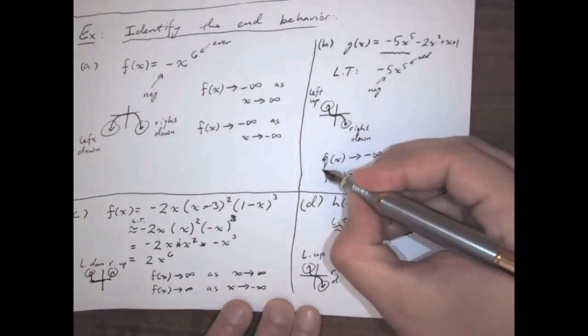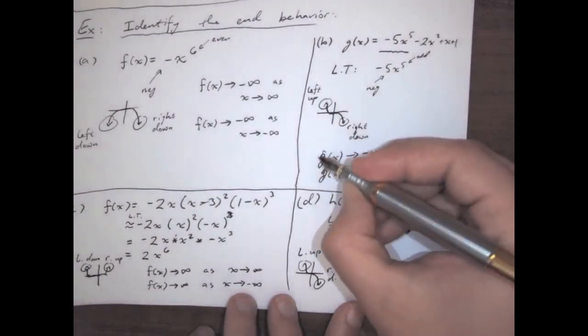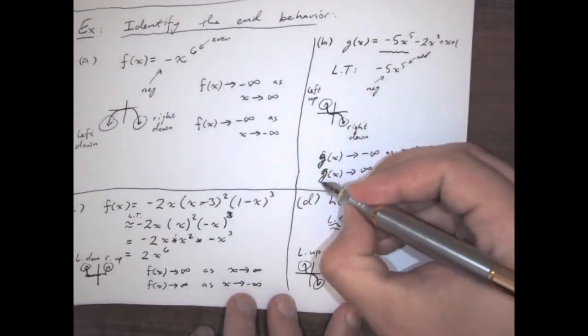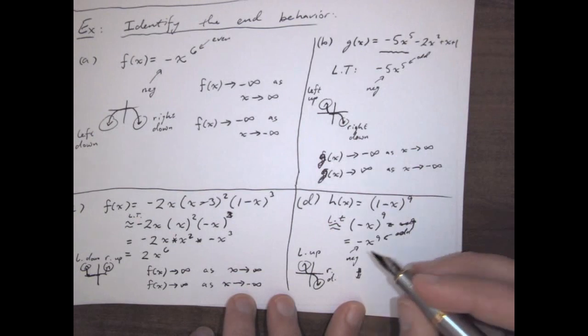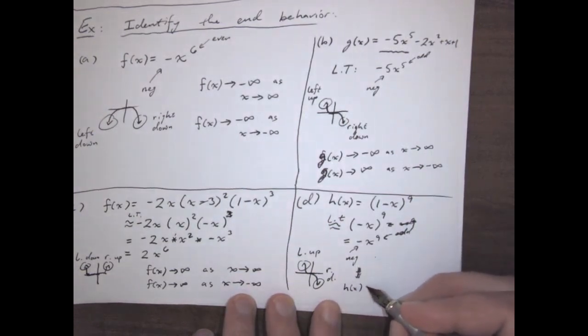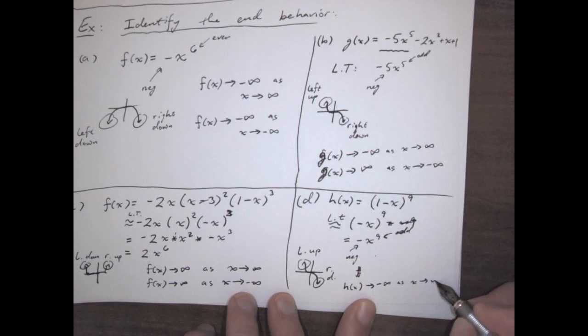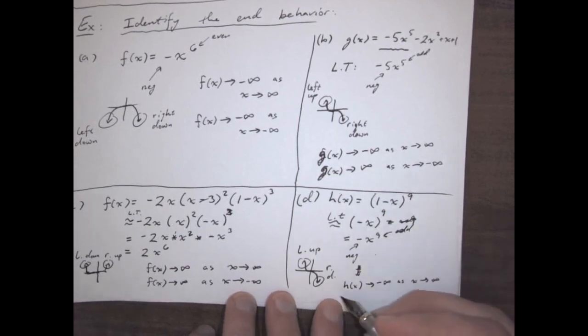If your function is ever called something other than f, you should say that in your long-run behavior. So it should be g of x and g of x up in part b. And similarly right here, should be h of x. It's going to negative infinity as x goes to infinity, so it's down and right.